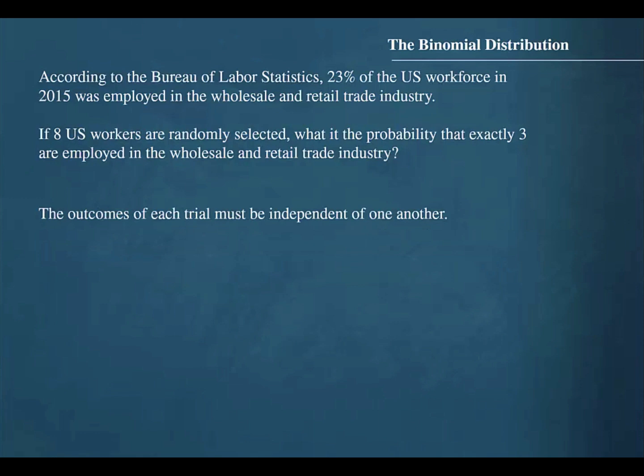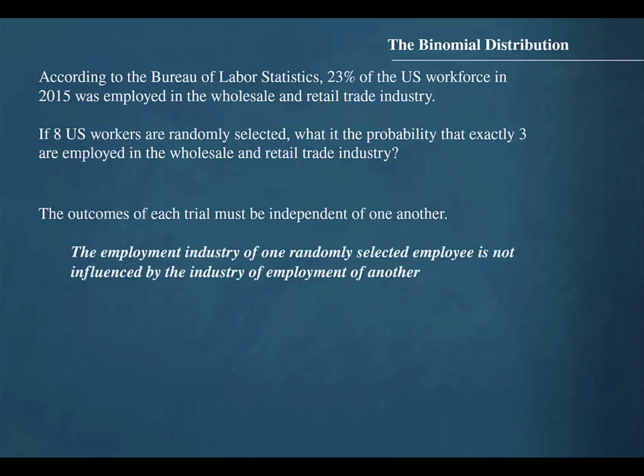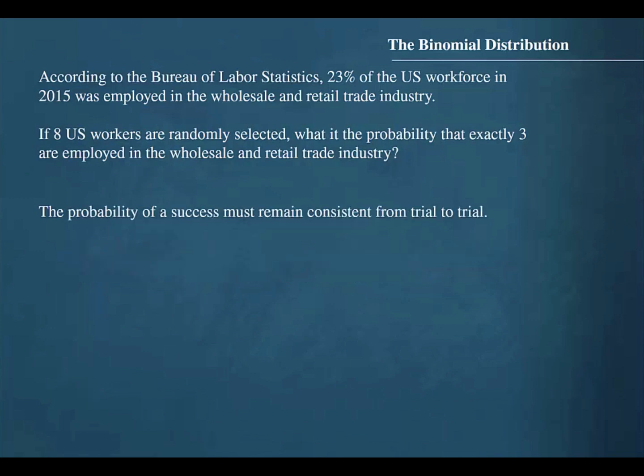The outcomes of each trial must be independent of one another. The employment industry of one randomly selected employee is not influenced by the industry of employment of another, so the outcomes of each trial would be independent of one another. The probability of a success must remain consistent from trial to trial.